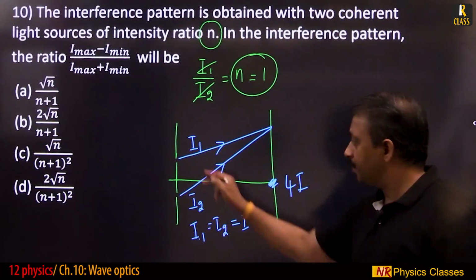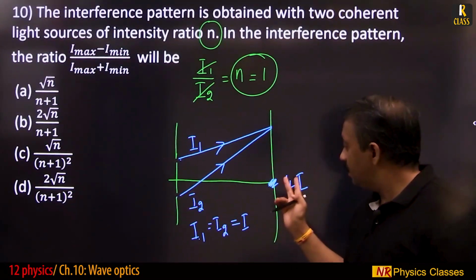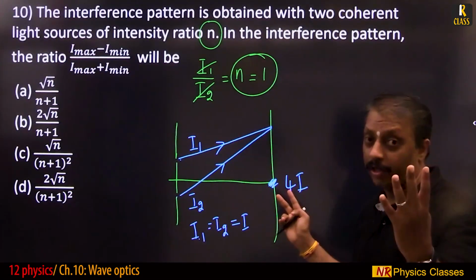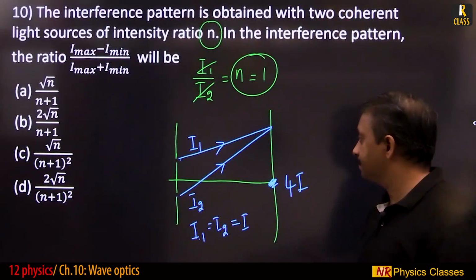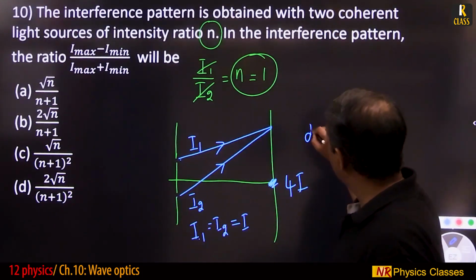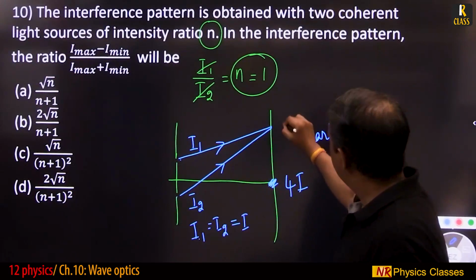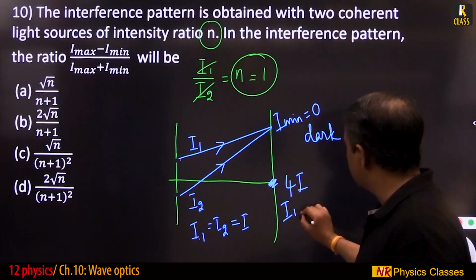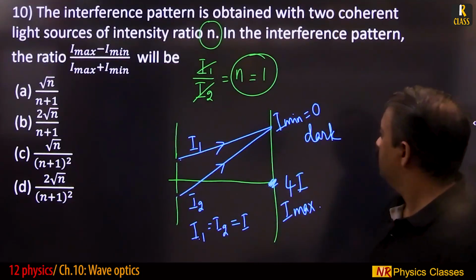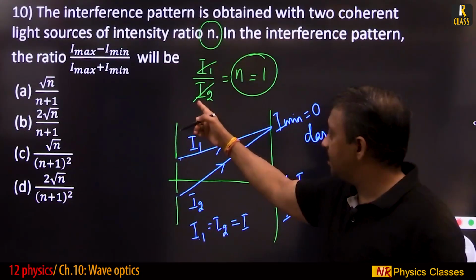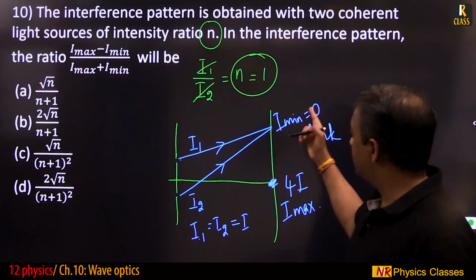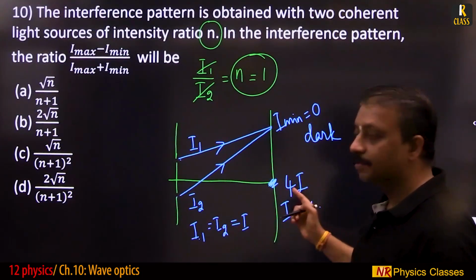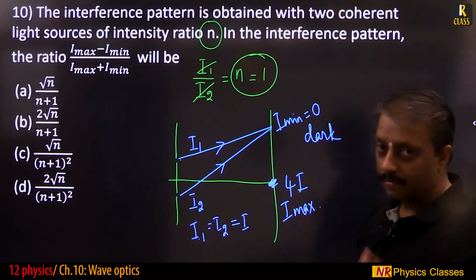This also you know. If this is I, this is I, this is not 2I, this is 4I. Remember that. And at the dark fringe, the minimum intensity is 0. This is the maximum intensity. Since we are talking about equal intensities, minimum intensity is 0, maximum is 4I. Done.